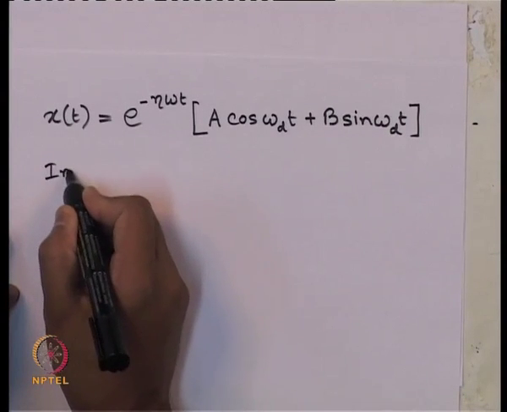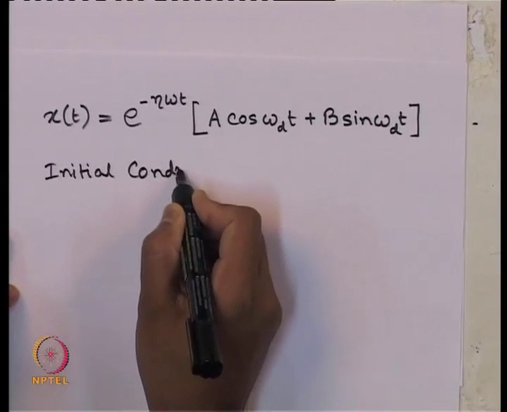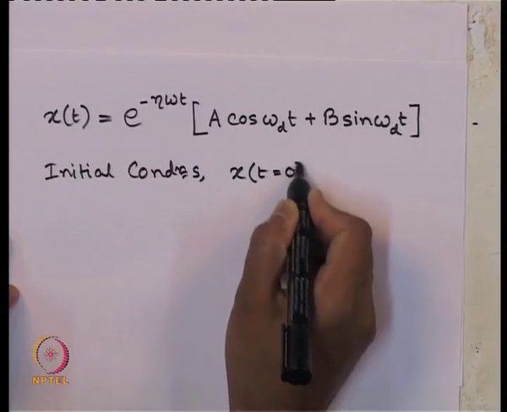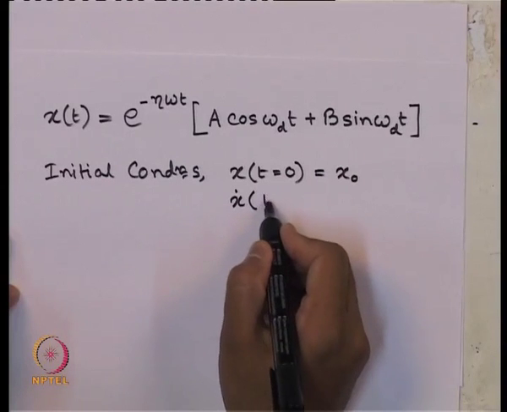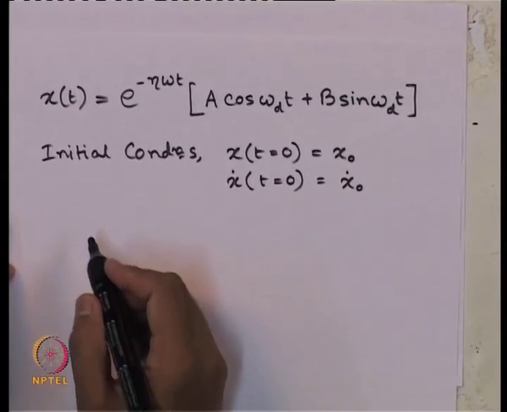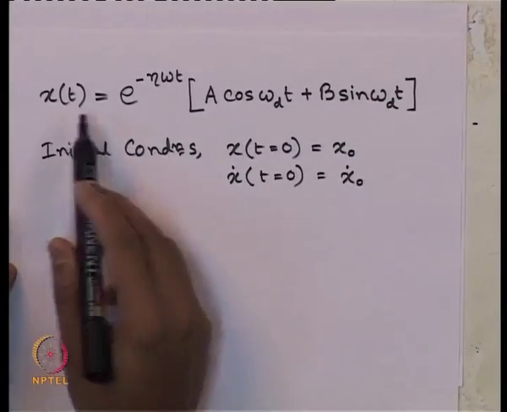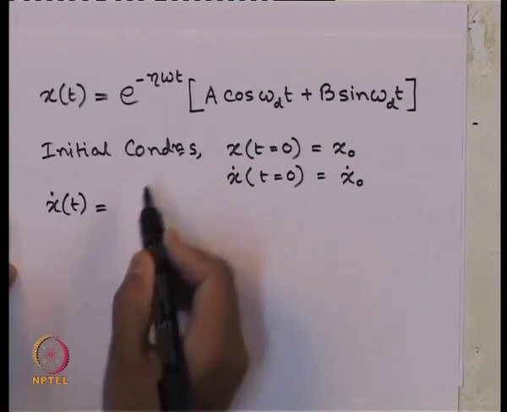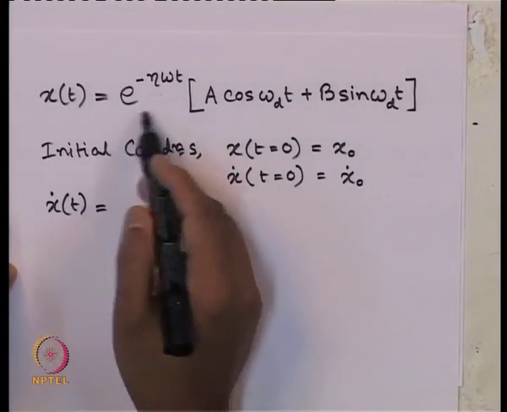Now, let us apply the initial conditions given to us, that is x at t equals 0 is x naught and the velocity x dot at t equals 0 is x naught dot. So, if we want to write down x dot of t for this expression, what we will get? First, let me differentiate this function.